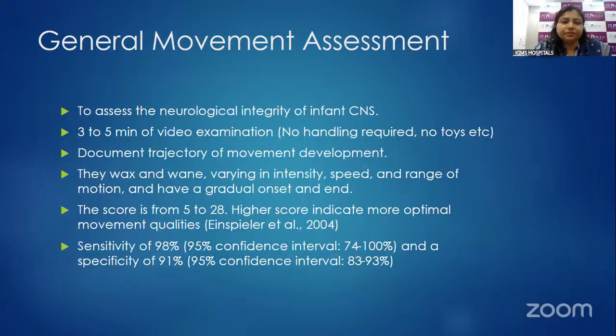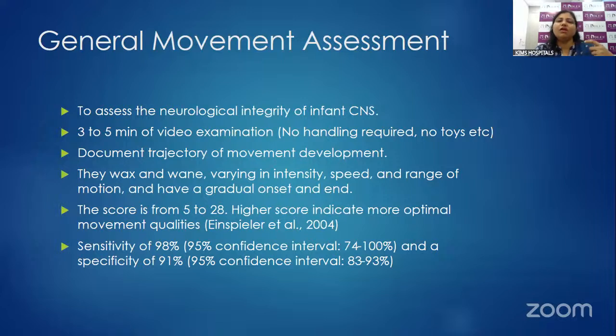And does it have a gradual onset and ending? Basically you are also seeing around the joint whether the movement comes gradually or the child moves suddenly. The score is from 5 to 28. The higher score indicates more optimal movement and quality of movement.